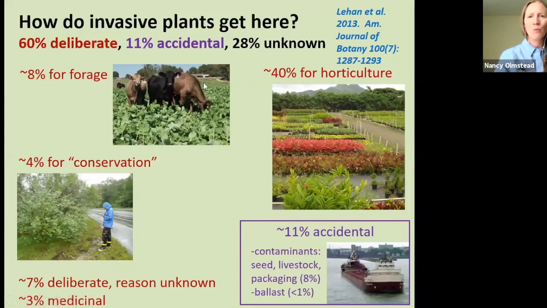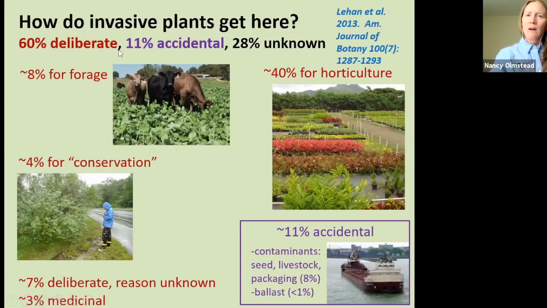I hadn't been aware of that as a route of introductions. 40% for horticulture, for plant sales, for gardening and landscaping. 4% for quote unquote conservation. So these were brought to stabilize loose soil or mine tailings or other kinds of reclamation sites. And then 7% were brought deliberately, but the authors couldn't determine the reason. And 3% were brought for medicinal purposes, which again was an interesting thing for me to learn. I hadn't been thinking about that prior.